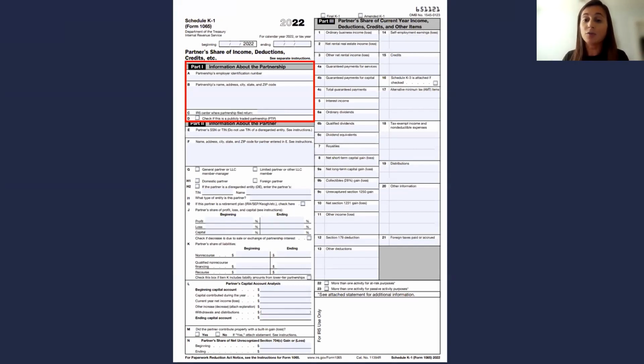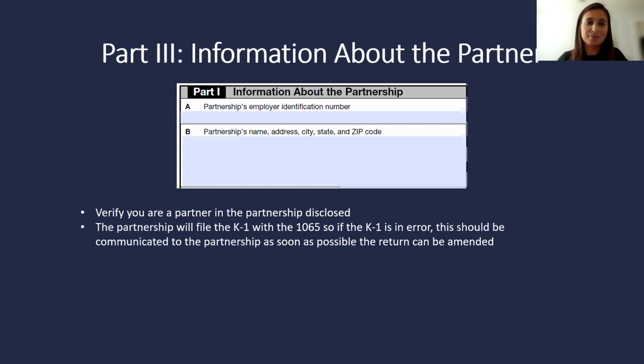If you don't, reach out to the sponsor or the individual who sent you this K-1 immediately, because these K-1s are included in the filing of the Form 1065. So if you are not a partner in the partnership, the IRS is going to think you are and come after you for whatever income or whatever's included in the K-1.